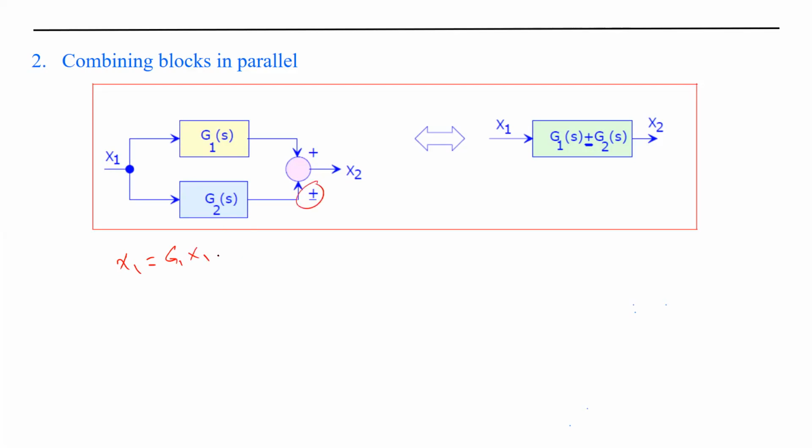And in here I have plus or minus G2 x1, which is equal to G1 plus or minus G2 times x1. Reduce it into a single block. The left hand side is x2. Sorry, x2, yes.